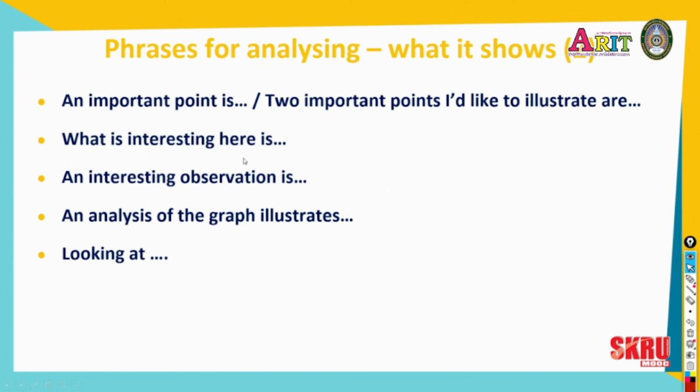We use the word interesting because we want to highlight that this is something important. An analysis of the graph shows us, illustrates, or just looking at the blue line, looking at the number of girls, just draws attention to particular data.